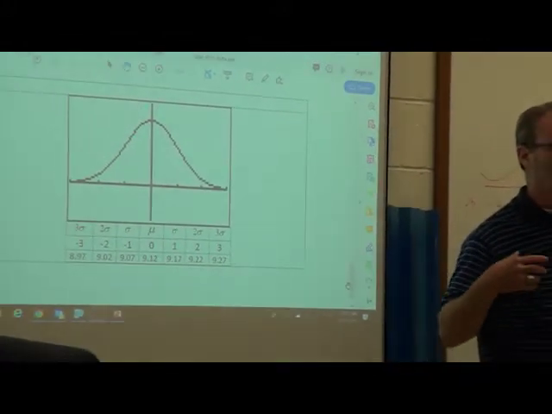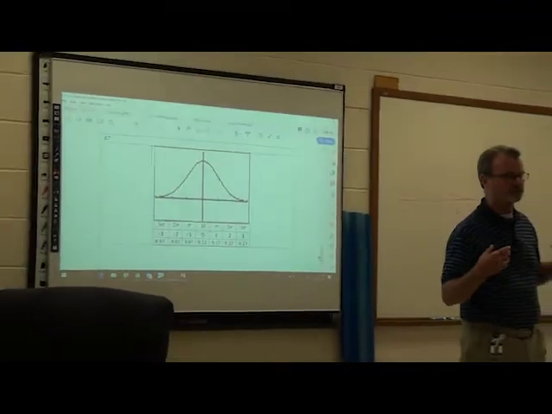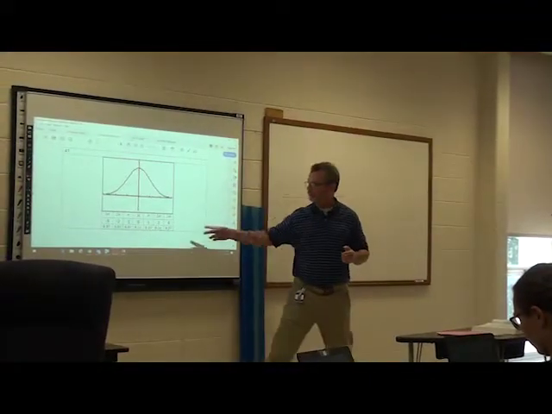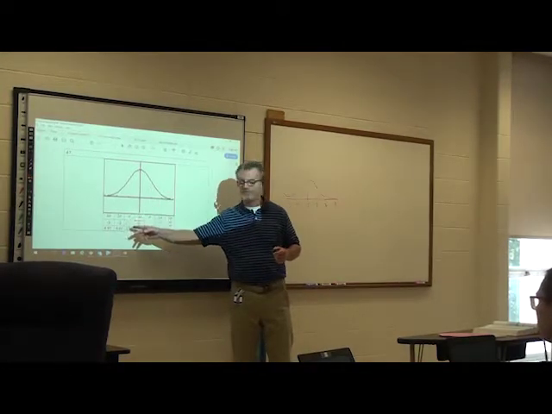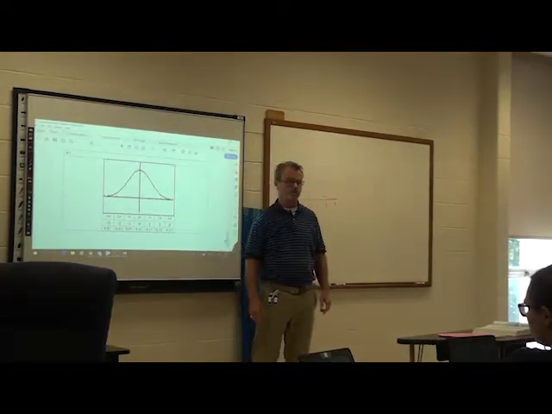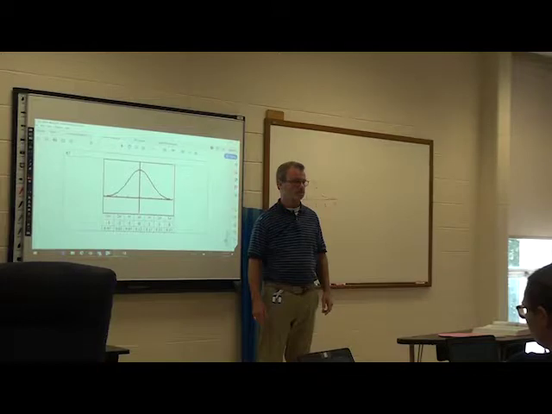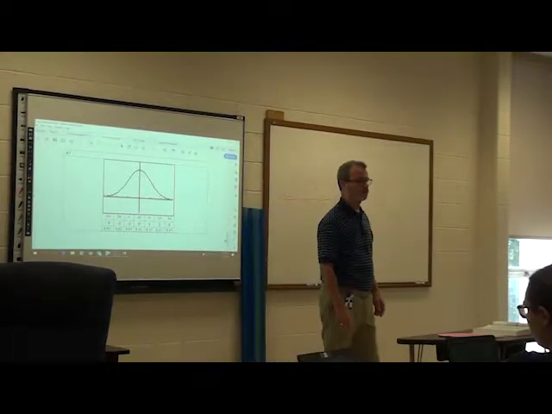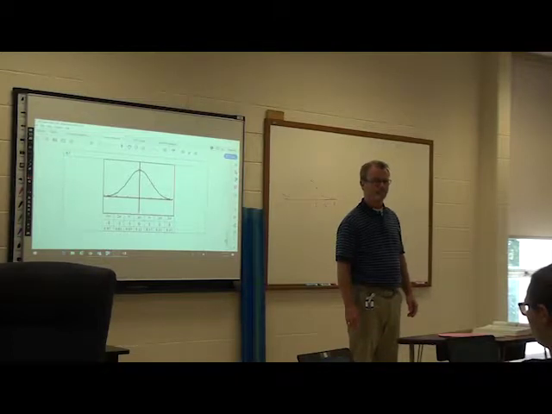And then what we will learn in the back half of section 2.2 is what share of the curve is to the left of those cutoffs. But we're not there yet. We're not quantifying the area of the curve. Okay? Anybody got a question?